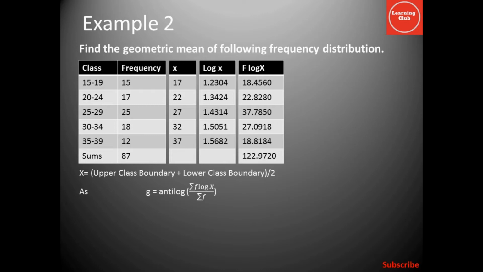The last column is this f log x. You can see that we need only these two values in our particular formula. Putting the values in the formula and solving, we get geometric mean is equal to 25.91.